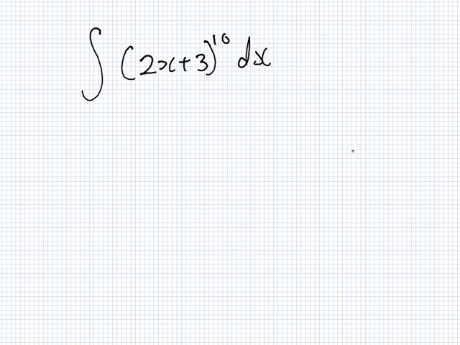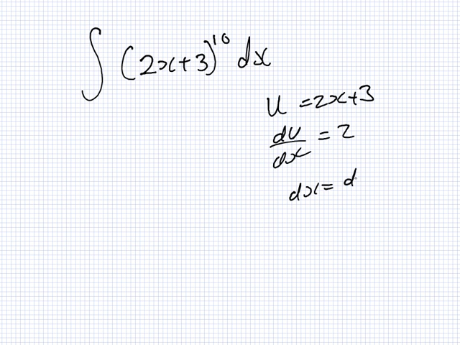Right, Yusuf? Okay, so u equals 2x plus 3. du/dx equals 2, so dx equals du over 2. So this becomes the integral of u to the 10 du over 2.